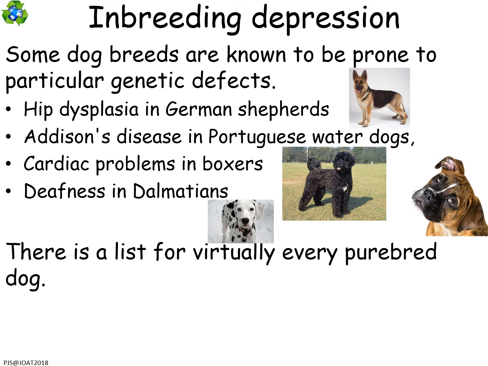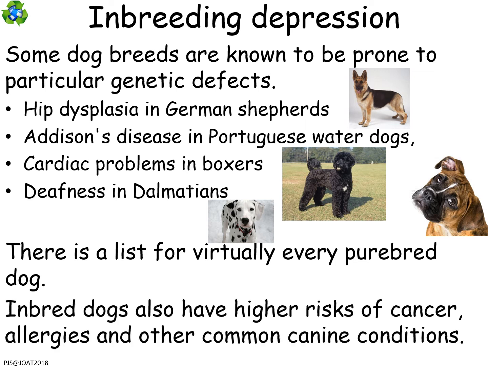Like your deafness in Dalmatians, 1/3 of purebred Dalmatian pups are bred deaf. And there are breeders who say that they should automatically be put down, so that they are not then increasing that in the population. So there are also, we would have to say, in each of these purebred ones, a higher risk of a whole pile of other common conditions that you would expect to see in any population with a lower genetic diversity.